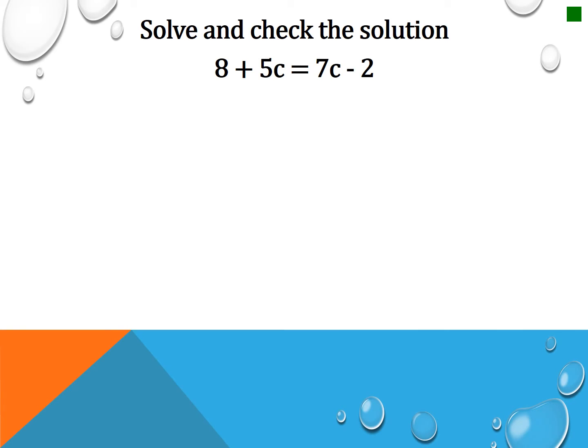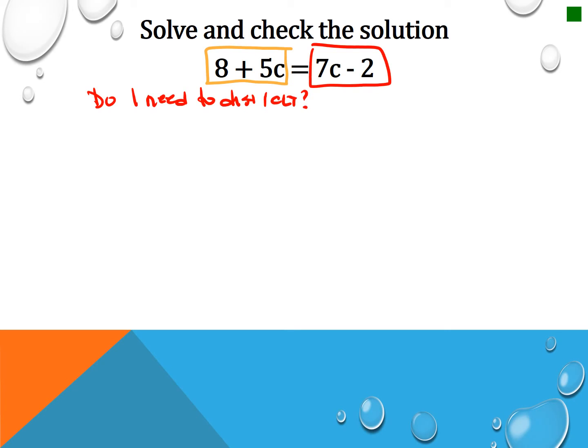Okay, do you see right here? That side has a C and that side has a C. Let's change that color so we have 2 different colors. So on the left side where it's yellow, my question over here is, do I need, are you writing this down, to distribute or combine like terms on the left?